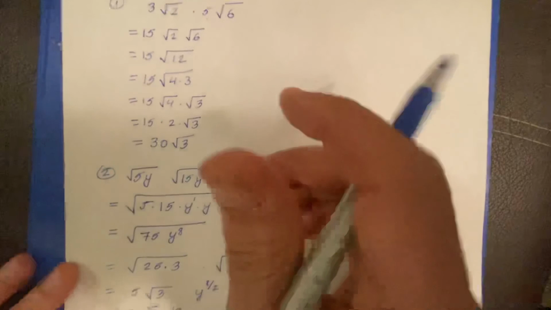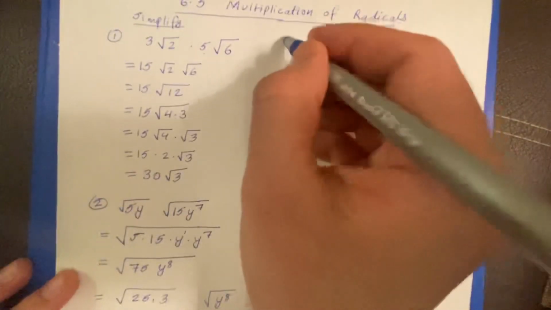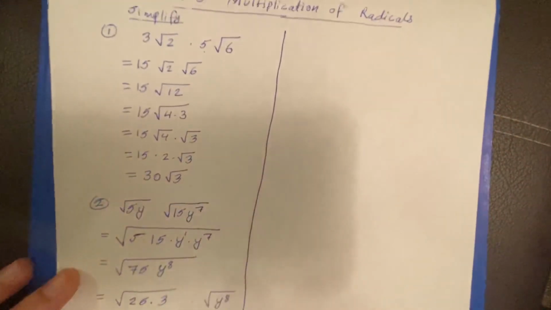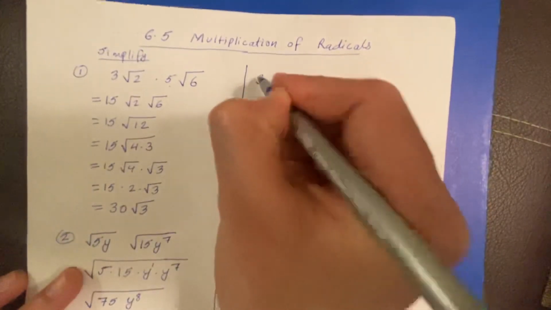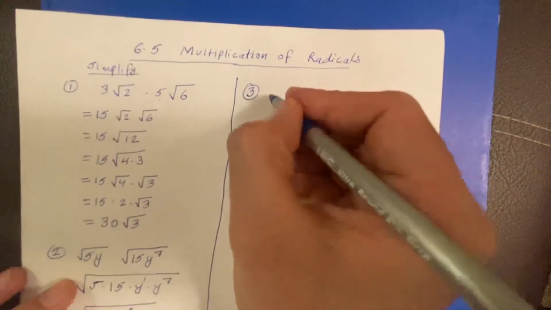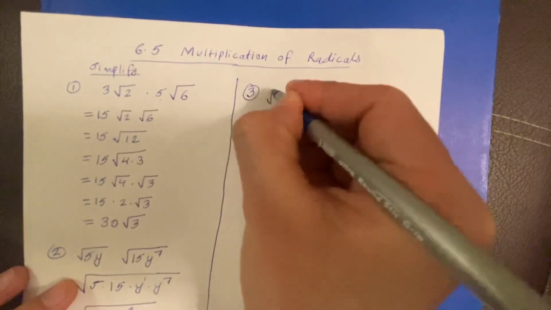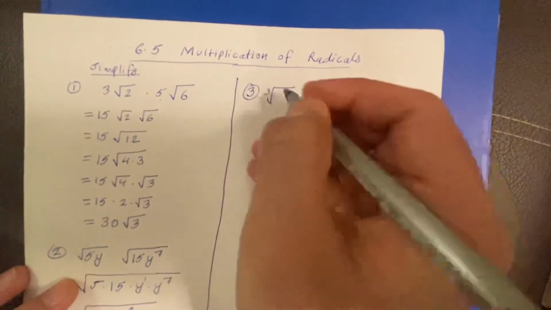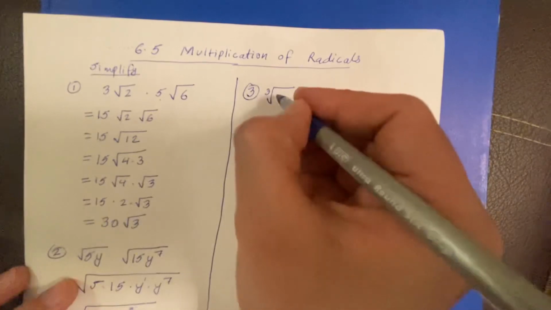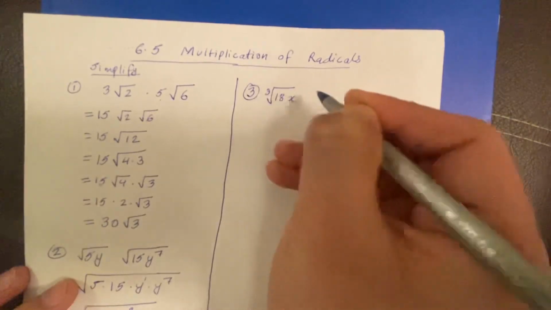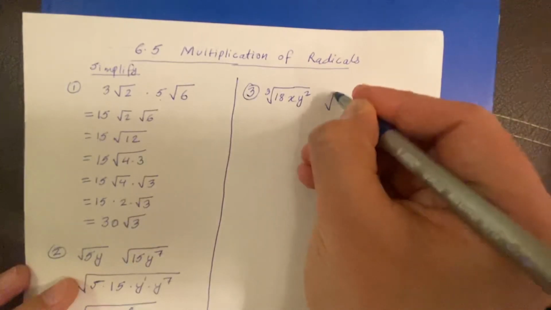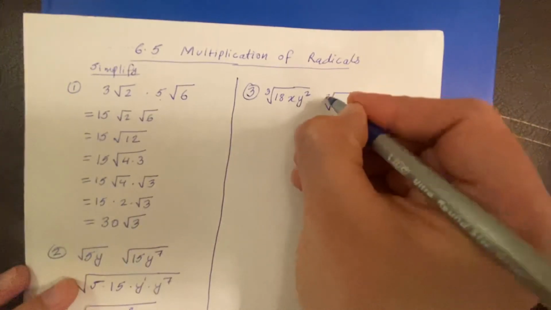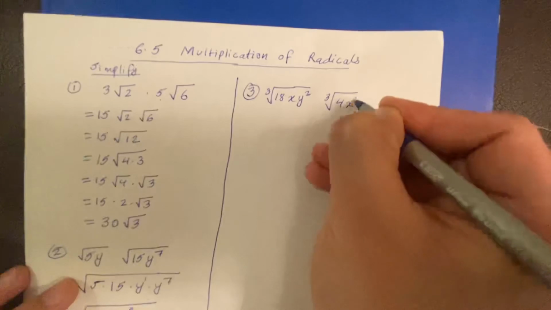I think we have some space here, so let me just do it here. Okay, so another one, which is number 3. Now in this case, it's cube root of 18 times x times y squared times cube root of 4x squared.